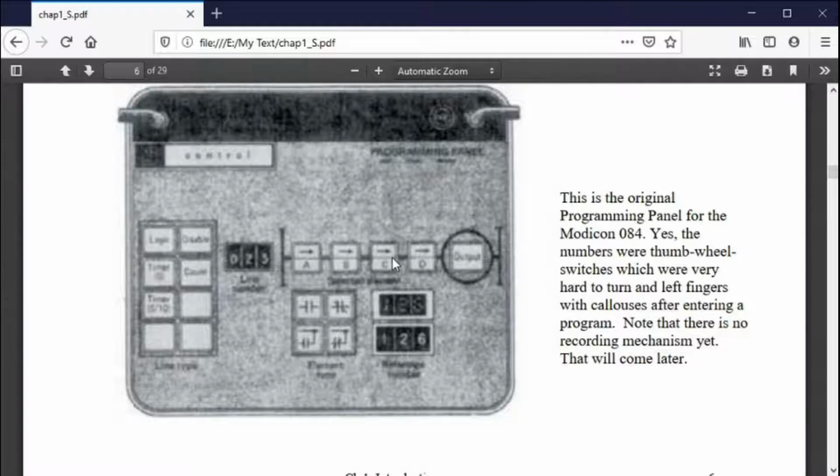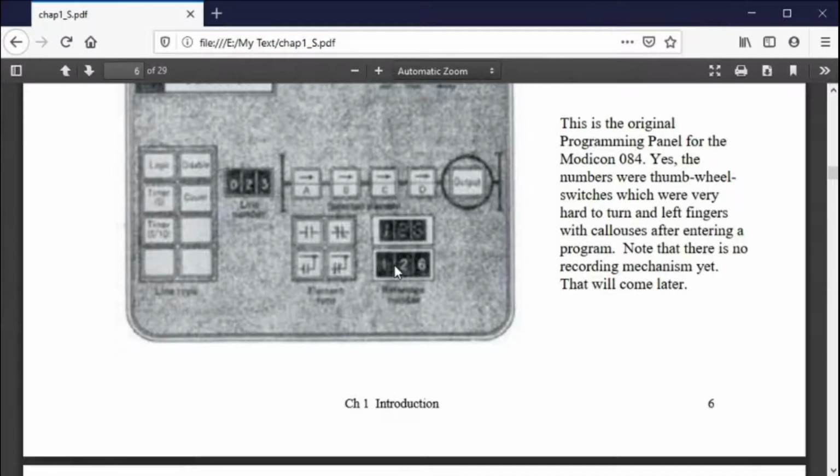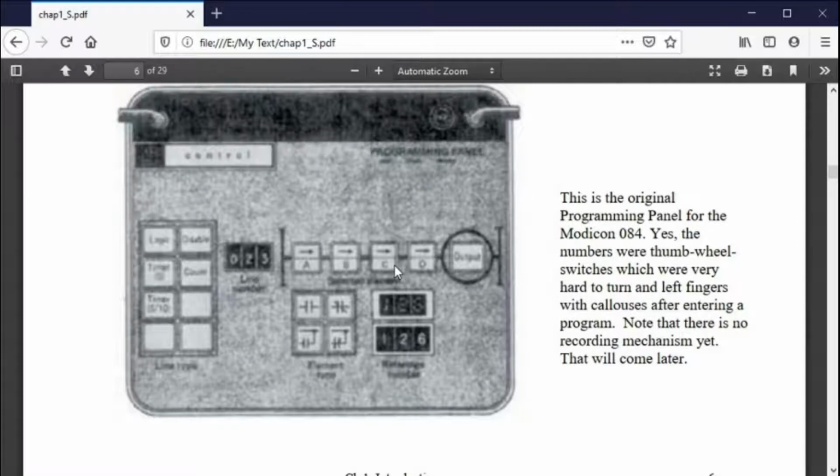If you wanted to save your program, you had to put the phone in the ear of the modem attached to the programmable controller, and then push a button, and it would take the program out of the programmable controller and save it back to a tape drive at the main headquarters in Massachusetts. That's how the programs were stored. And if you wanted it restored, you'd have to do the opposite. So basically, you had to have a phone line running to each of the programmable controllers that you had installed. And that's how that was done for quite a few years.